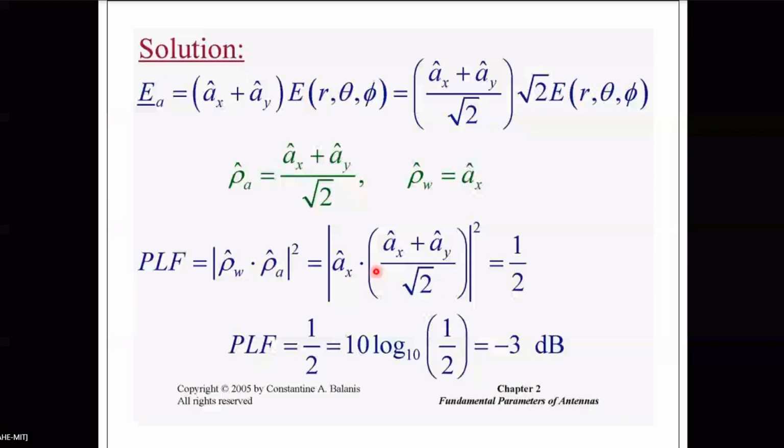So AX hat dot this rho A, and rho A is this. So it is equal to half. So the polarization loss factor is half, 10 log 10 of half is minus 3 dB. So half the power is wasted. Do you get it? Half the power is wasted.